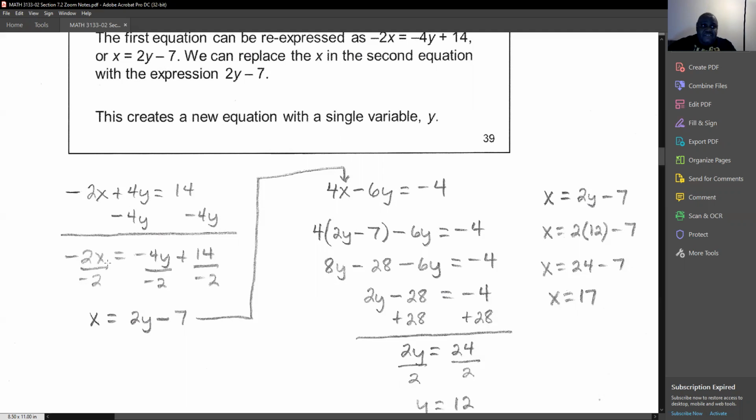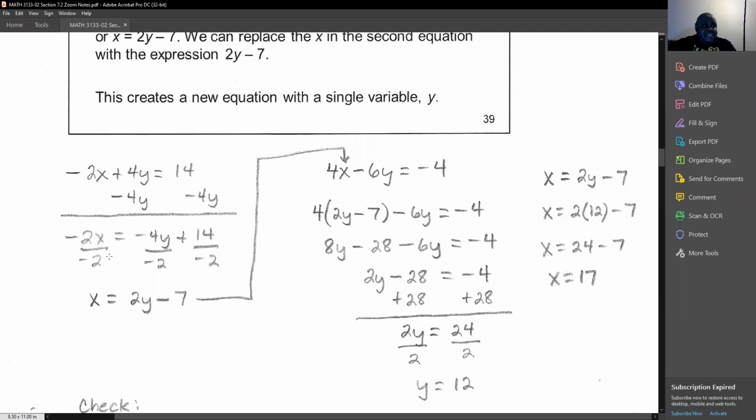That way I have negative 2x is equal to negative 4y plus 14. Then to get x by itself, I divide each and every term in that equation by negative 2. Negative 4y divided by negative 2 is a positive 2y, and 14 divided by negative 2 is a minus 7. So I have the equation solved for x, which is x is equal to 2y minus 7.